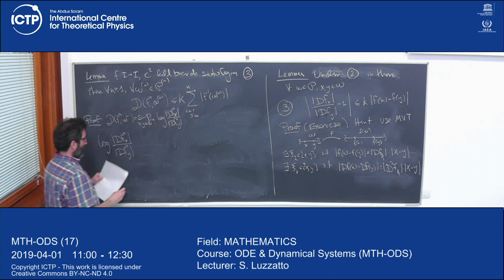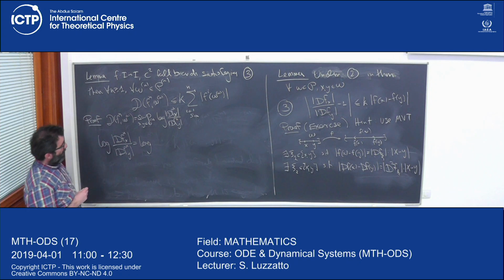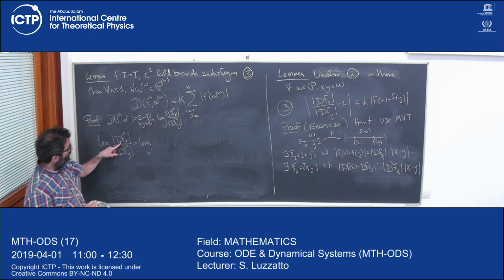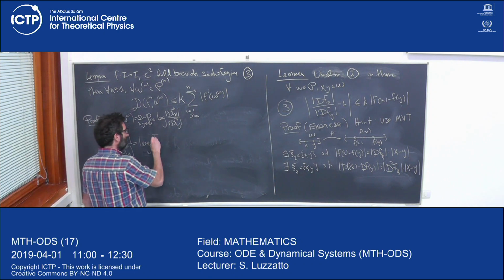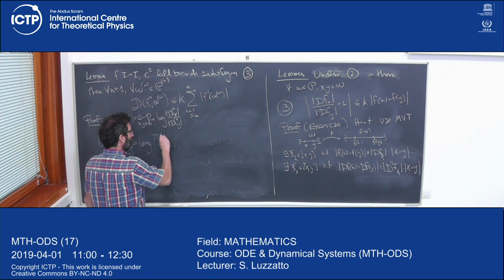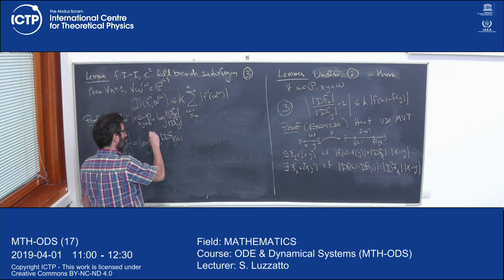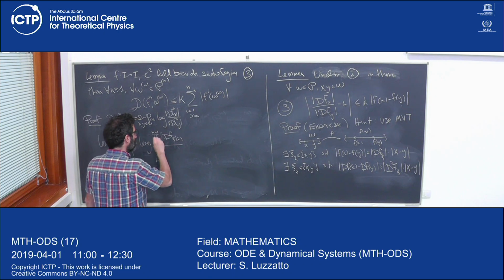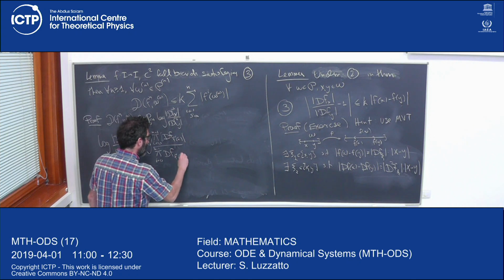df^n(y) is equal to log, and now we just use the chain rule for df^n of x, right? So remember, this is just the product of the derivative along the orbit. So this is the product of df(f^i(x)), i equals 0 to n minus 1, over the product, i equals 0 to n minus 1, of df(f^i(y)).